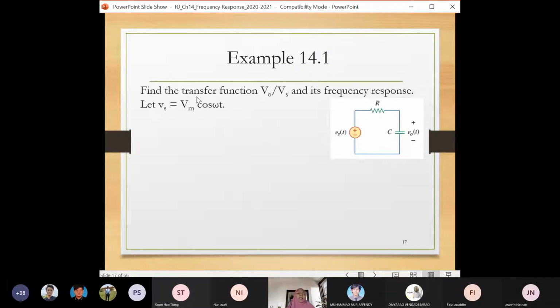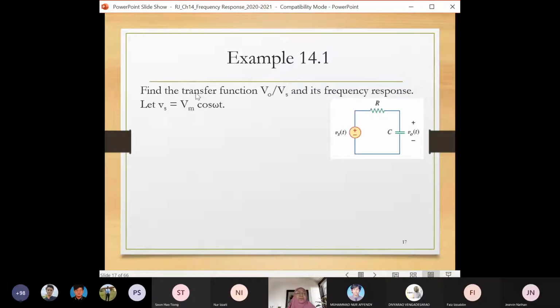Here the source Vs is equal to Vm, the magnitude, and the maximum value of cosine is 1 and the minimum is -1, because a cosine function always varies from -1 to 1.